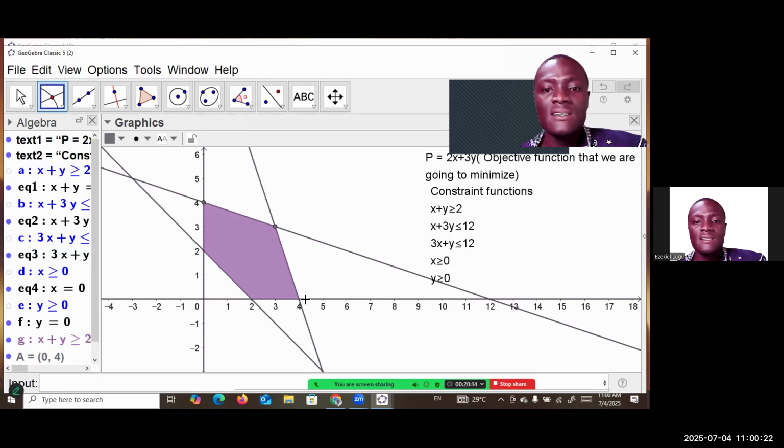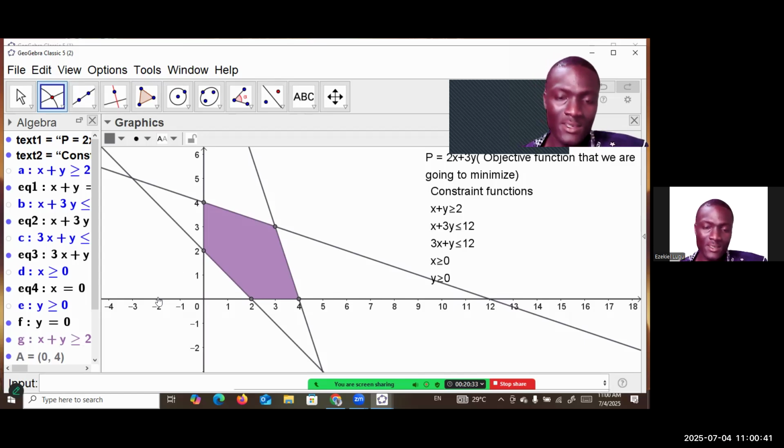When you find the intersection for all the lines, you can see all the intersections here. So now this is the intersection that is going to guide us to do our optimization.